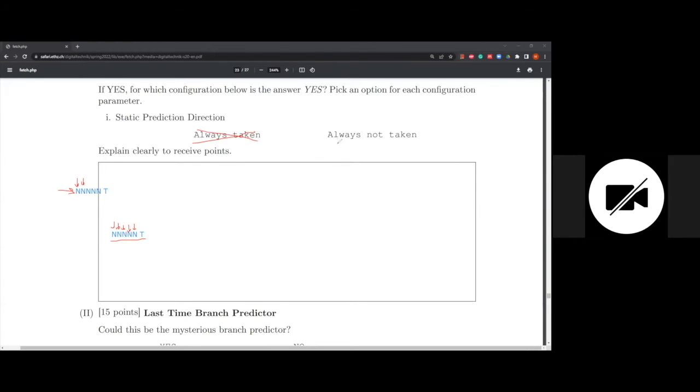Okay, but what if we predict always not taken? Well, then those not taken branches will always be correctly predicted. And then we will make 1 misprediction here for this taken branch.